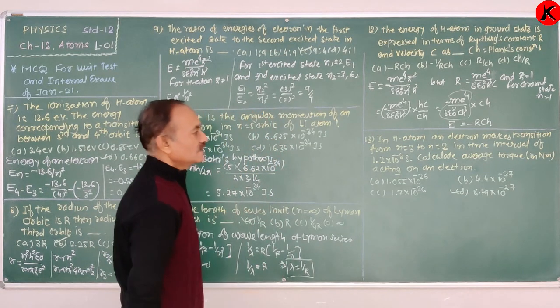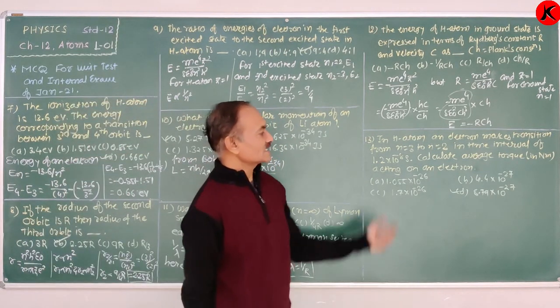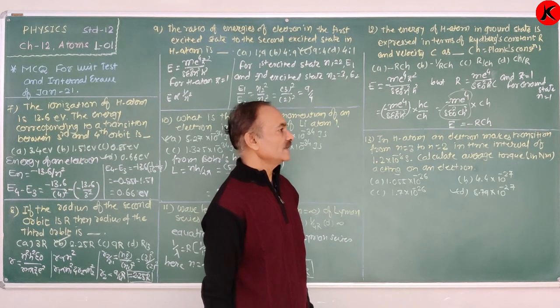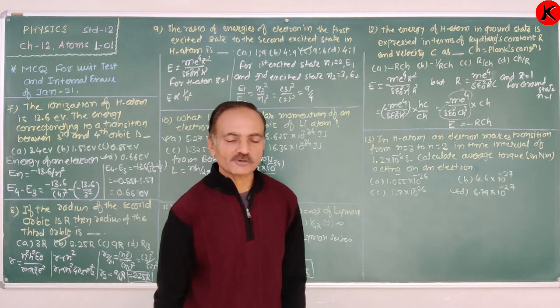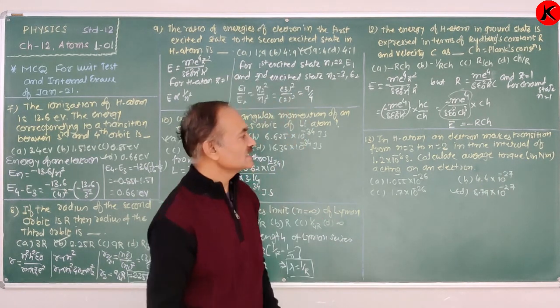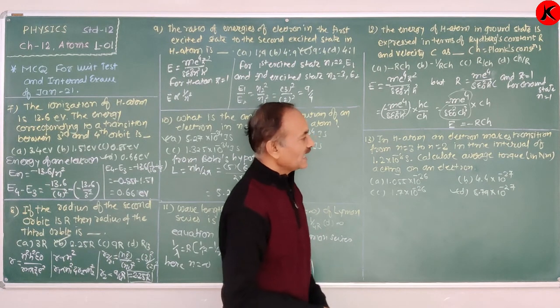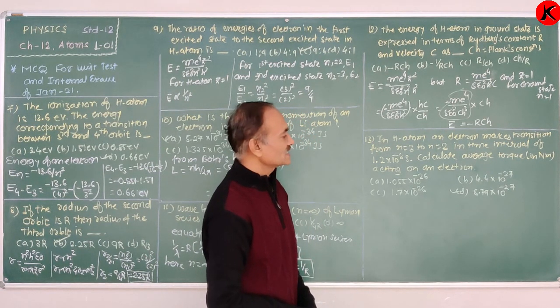Now next. In a hydrogen atom, an electron makes the transition from n is equal to 3 to n is equal to 2. That means the electron makes the transition from a higher energy state to a lower energy state in a time interval of 1.2 into 10⁻⁸ seconds. Time interval is given.